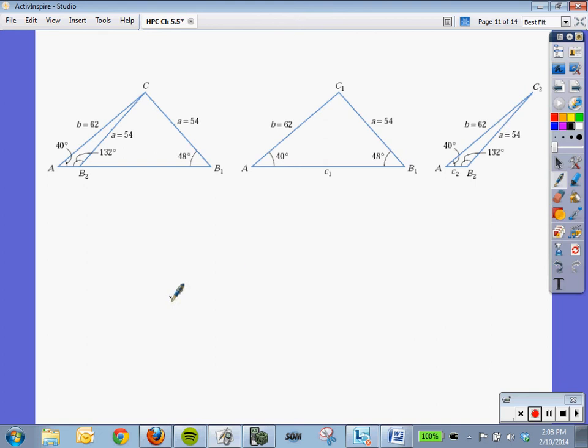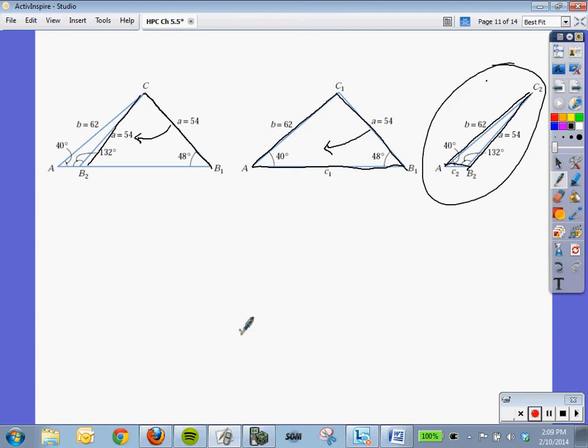The way that you get that is, imagine this leg, this 54, being like a swinging leg, and you could make a triangle with the given information with the leg fully extended out this way, or you could swing this leg in and make another smaller triangle, which is right here. So if the leg is fully swung out, then we have this larger triangle, but if we swing that leg in, then we're going to make this triangle here. So we have two types of triangles that can be made based off of that given information.